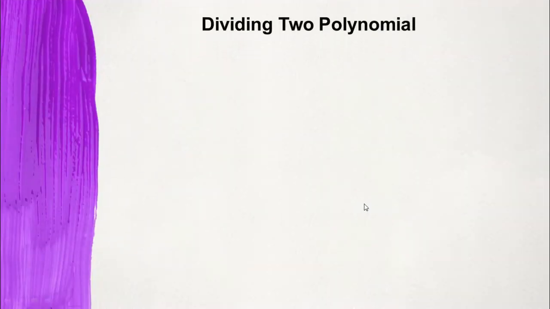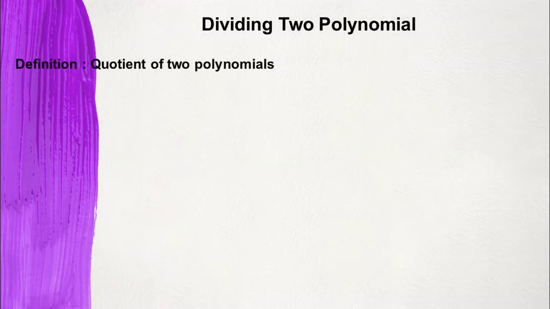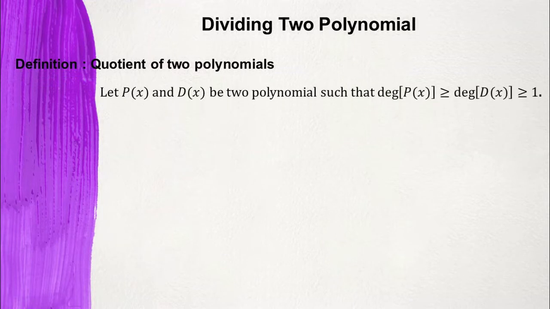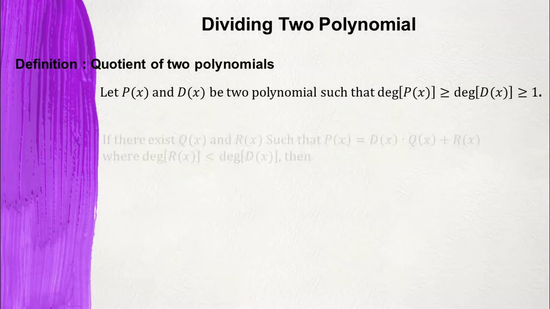Number 2 is about dividing by two polynomials. Definition, division of two polynomials. Let p(x) and d(x) be two polynomials such that degree p(x) is more than or equal to degree d(x), which is more than or equal to 1.